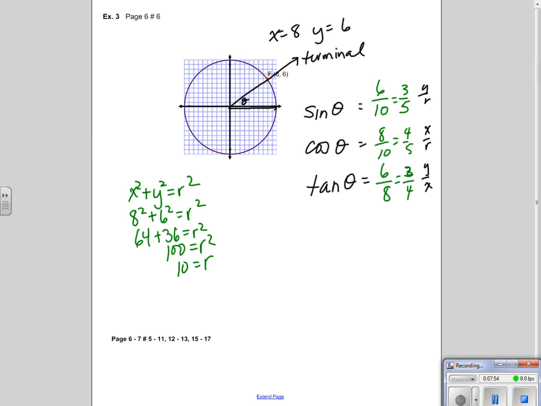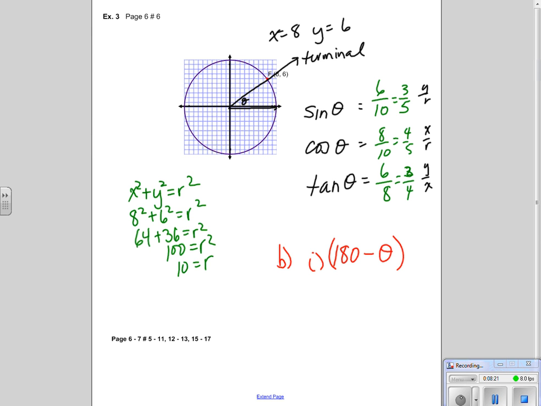The next question states, determine the coordinates of the endpoints of the terminal arm for each angle. And the first one we're going to look at is part B, I, 180 minus theta. So this is the angle I want to look at, and I want to find the coordinates x, y of that terminal arm.